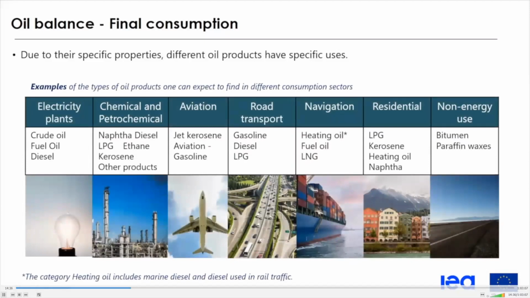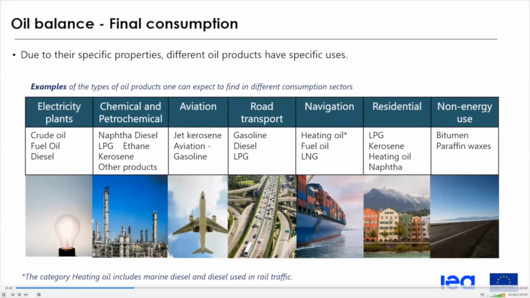Crude oil, as I told you, can be used in electricity plants, but you also have fuel oil and diesel that are most of the time used for this. In aviation, you would expect jet kerosene or aviation gasoline. Transportation, of course, we would expect gasoline, diesel, LPG, etc. You can see here some main uses, maybe one point on non-energy uses.